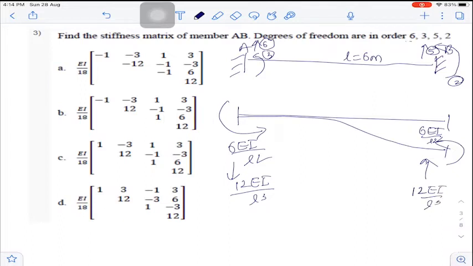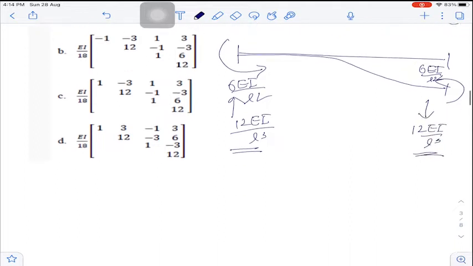And the degrees of freedom corresponding to 6, 3, 5, 2. So 6 is vertically upward, here also it is vertically upward. Clear? And 5 is vertically upward, but here 5 is vertically downward. By using this, you can write the matrix.